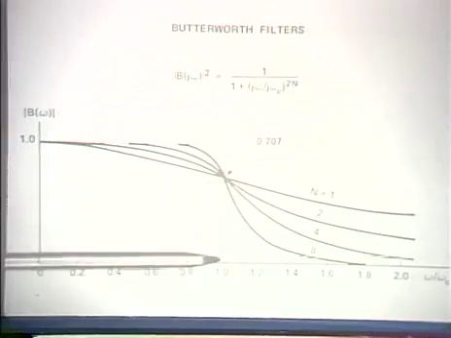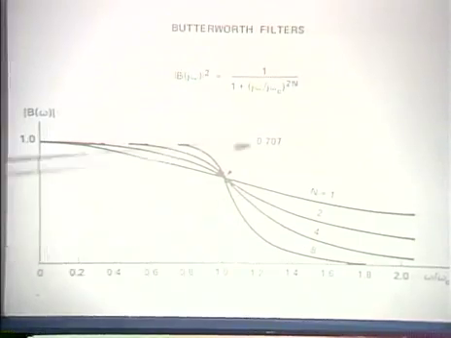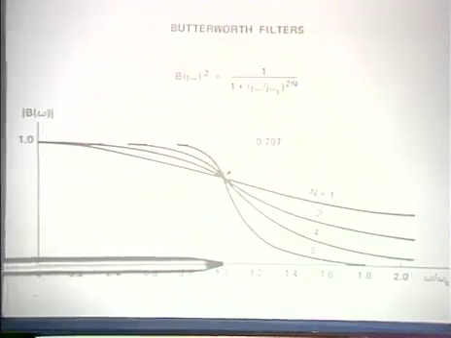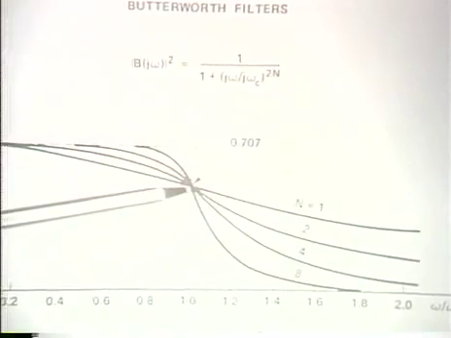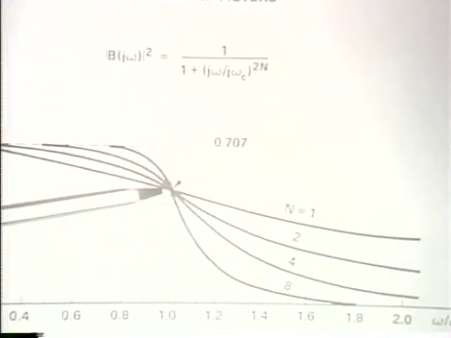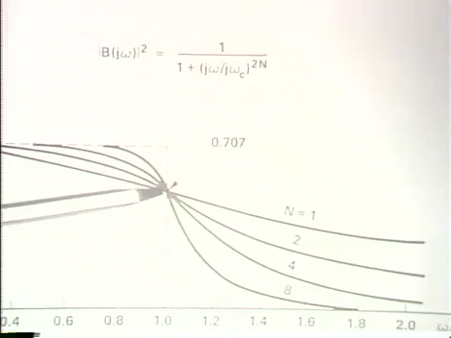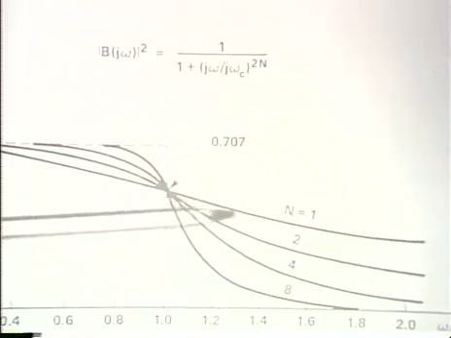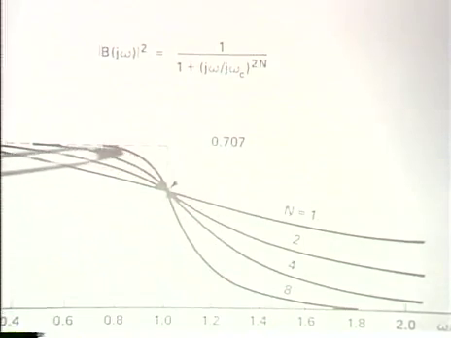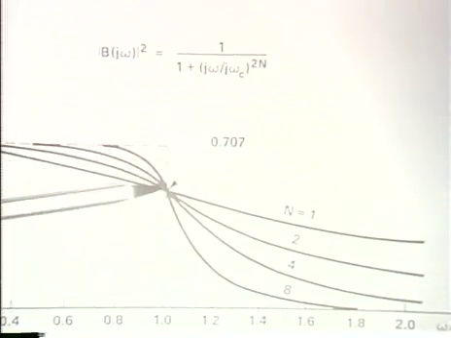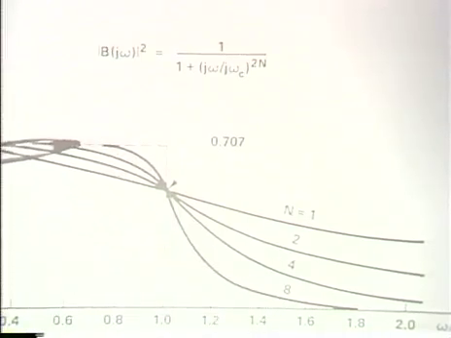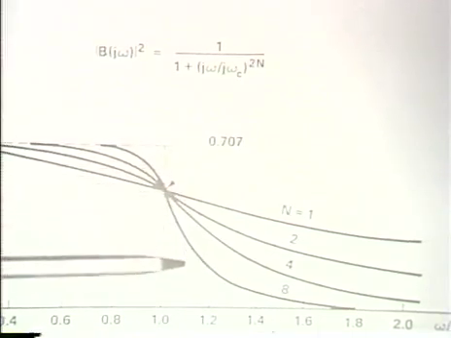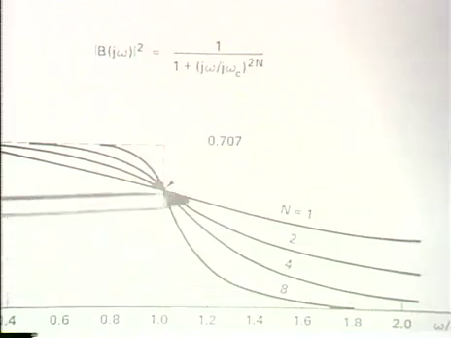At a frequency equal to the parameter omega sub c, which is referred to as the cutoff frequency, the Butterworth filter frequency response always goes through the same point, namely 0.707. And as the order of the Butterworth filter, capital N, increases, the transition from the pass band to the stop band becomes sharper and sharper. So for higher order filters, the frequency response is flatter in the pass band and drops off more quickly and attenuates more in the stop band.